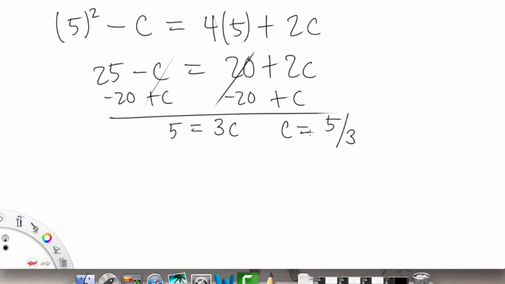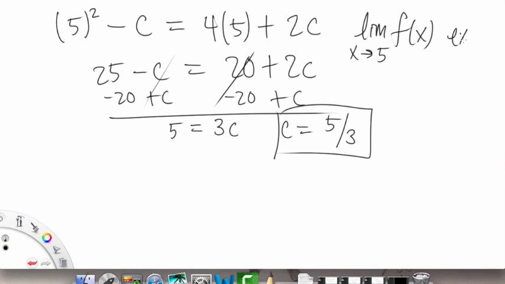Okay, so that's our c value, but let's check to see if that's true. So this c value here makes our left and right hand limits agree with each other. So limit as x goes to 5, well, no, sorry, this is a different c. So as x goes to 5 of f of x, we know that this exists according to this constant value here, if we have this constant as our c.